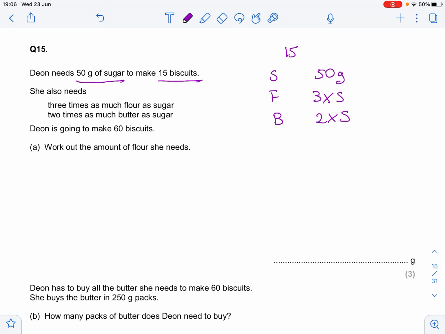So Dion is going to make 60 biscuits. Work out the amount of flour she needs. So let's work out. If she's making 15 biscuits, she needs 3 times as much flour as sugar, which is 3 times 50, which is 150 grams of flour. But she's now making 60.